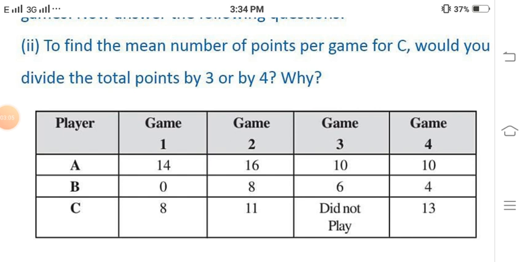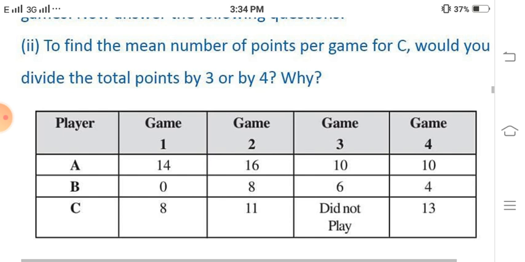To find the mean number of points per game for C, would you divide the total points by 3 or 4? Why? Students, in C you can see that C has played game 1, game 2 and game 4. Only 3 games have been played by player C. So the total number of observations is 3.